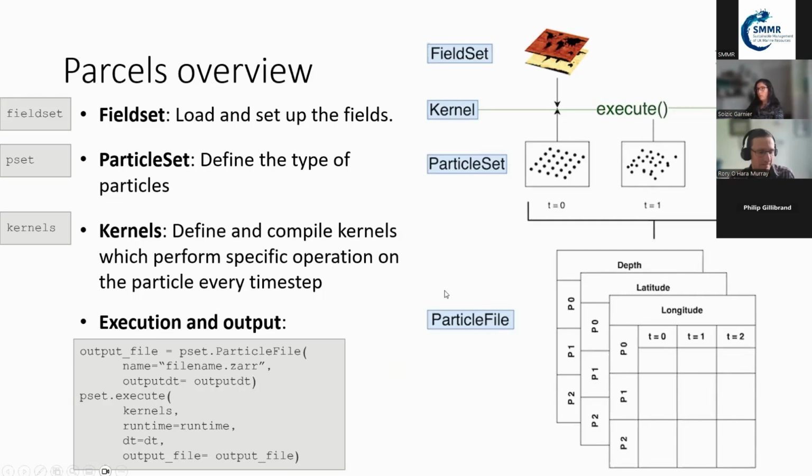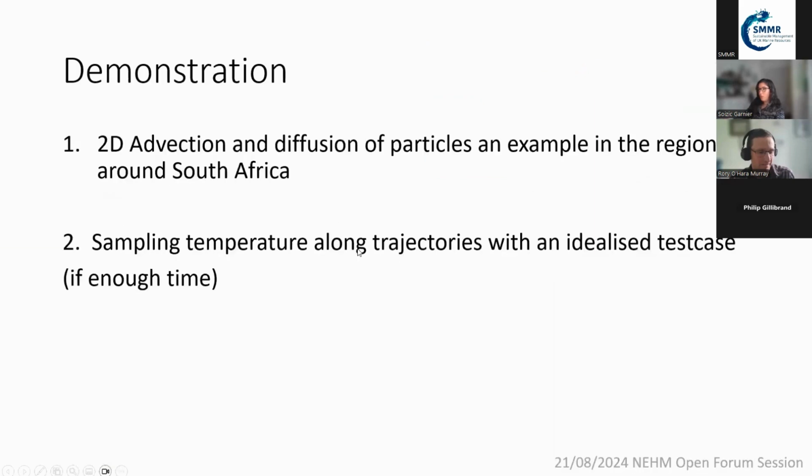So yeah, that's the main four components that you need to keep in mind for a Parcels simulation. And now I wanted to show you some very simple demonstrations following step by step these four components.